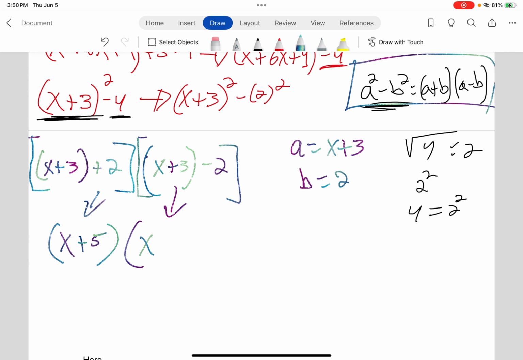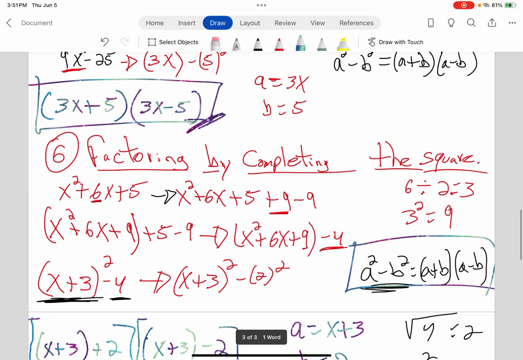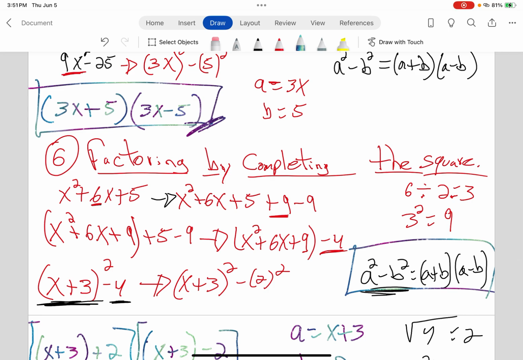When you have different signs, remember it's subtraction, and I will keep the sign of the greater number, which is positive 3. 3 is the greater number, so I will keep the positive. 3 minus 2 is equal to 1. So you finish. This is the answer, implementing the factoring by completing the square.